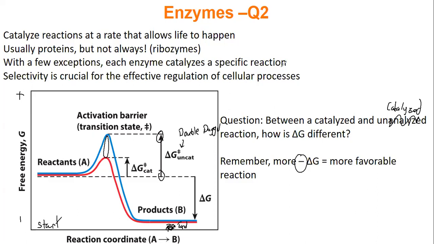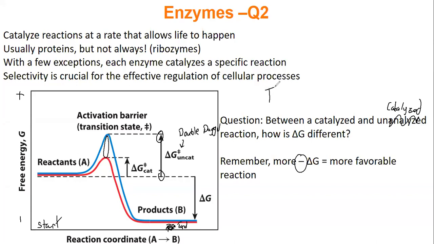All right. So the answer is delta G doesn't change between a catalyzed and uncatalyzed reaction. That's an important part of a catalyst. A catalyst does not change the thermodynamics of a reaction, it just speeds up the reaction.